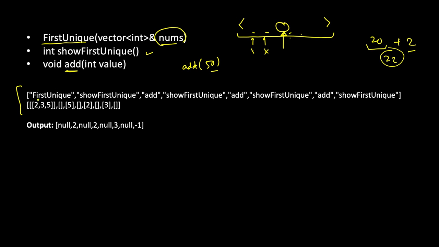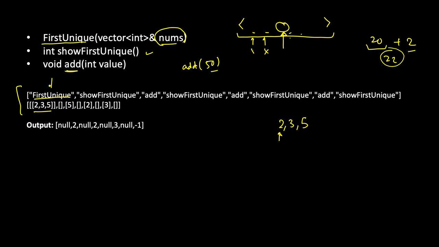Let's see an example. FirstUnique, this is the constructor, and these are the function names, and these are the corresponding argument lists. I have exactly copied the format they have given on LeetCode. FirstUnique with 2, 3, 5: you will create it, and you have 2, 3, 5 now in your data structure. Then showFirstUnique. All three are unique, so you will show the first one, which is 2.